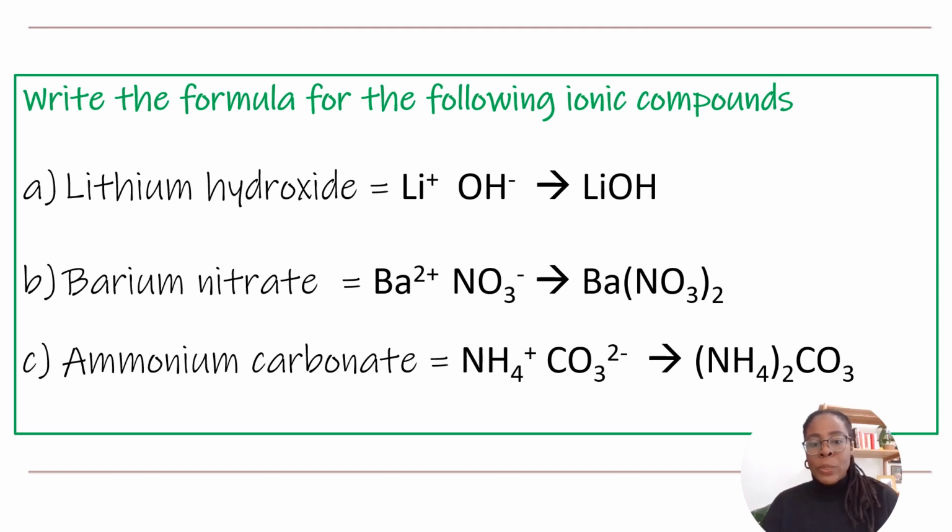So we give the 2 to the ammonium and the invisible 1 to the carbonate. And so we get (NH4)2CO3, making sure that our NH4 is in brackets, so it's clear that it's 2 lots of the ammonium ion as opposed to 42 hydrogens. Be extra careful with your lowercase and capital letters. Each element must start with a capital letter.